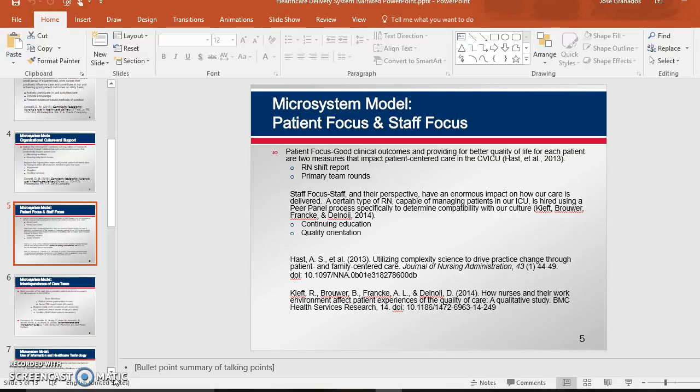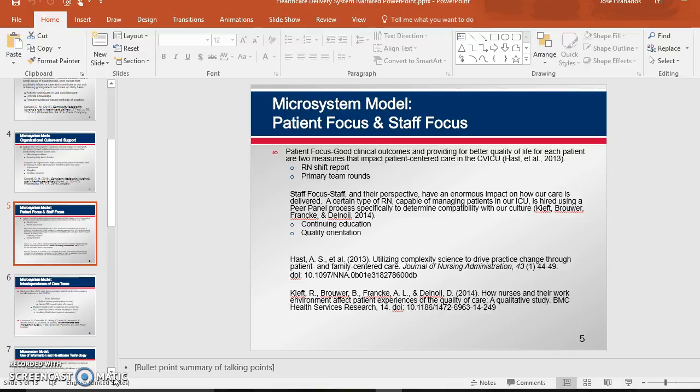The second aspect of this is staff focus. Our nurses are provided continuing education through learning modules, huddles, annual competencies, and many in-services and demonstrations throughout the year.